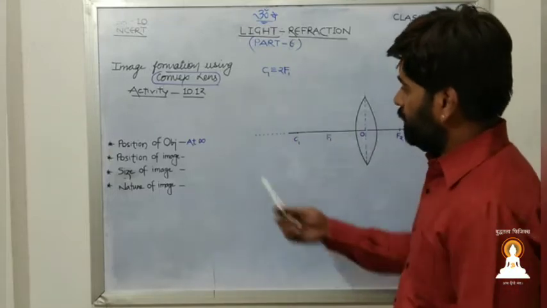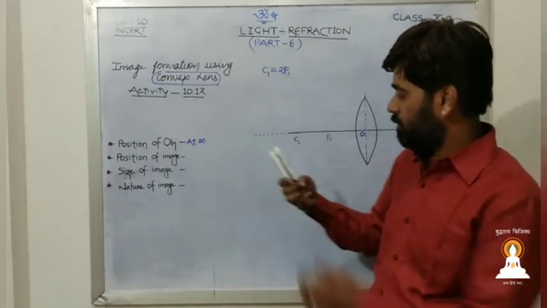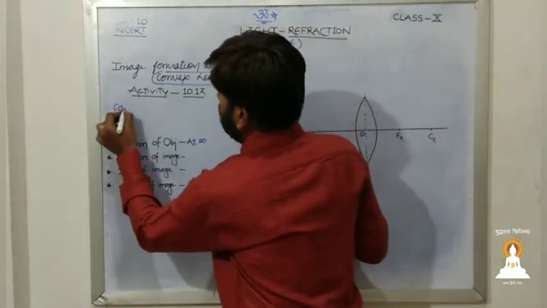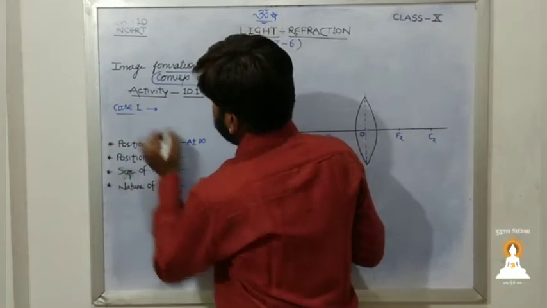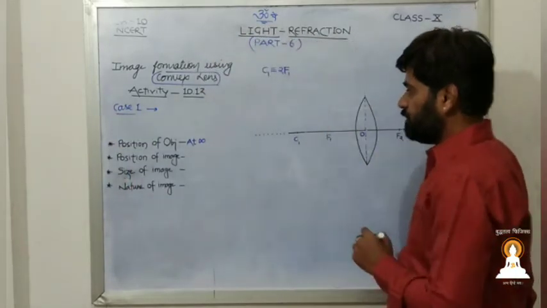At the very first, this is case 1. In case 1 we are going to put the object at infinity, which we have already done in the first activity of this chapter.